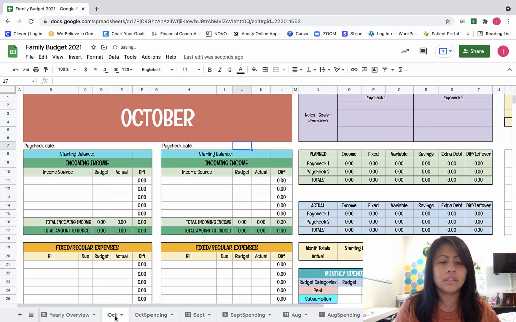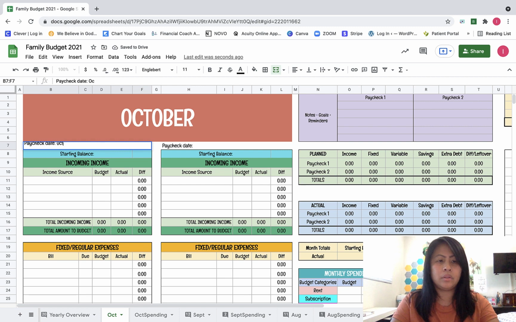Okay, so we're going to start here in October, and our paycheck date is going to be October 1st to the 14th, and then the next paycheck is going to be the, oh, actually, what am I doing? October 15th to the 28th.